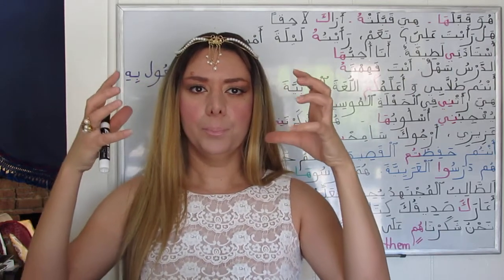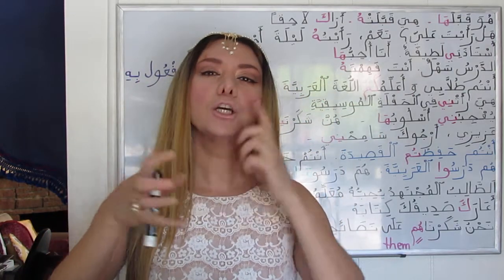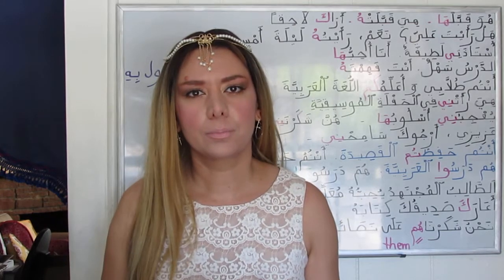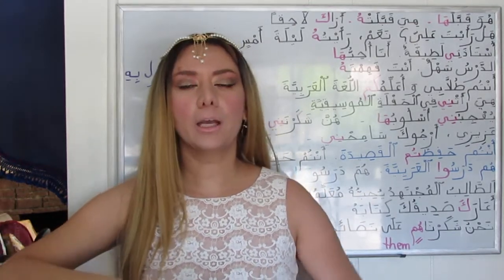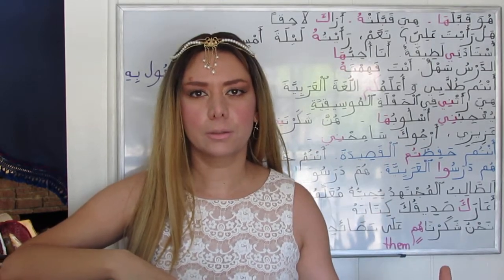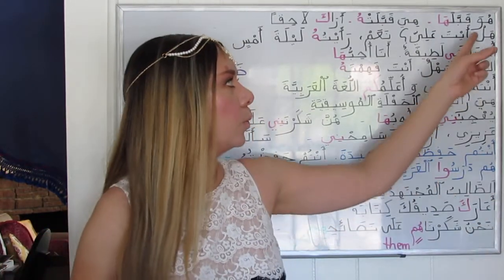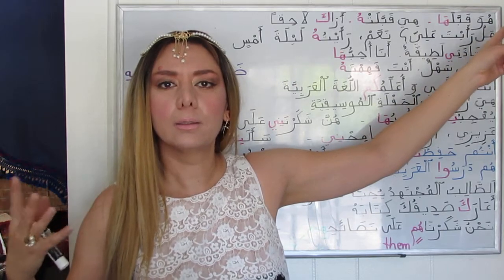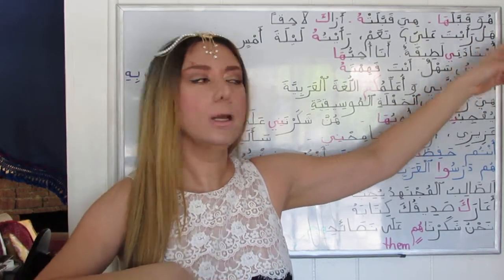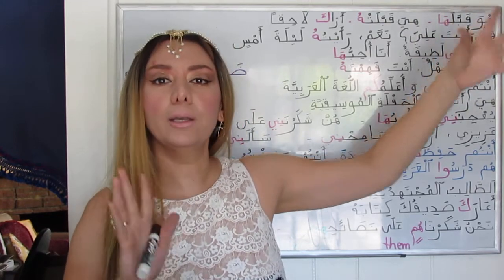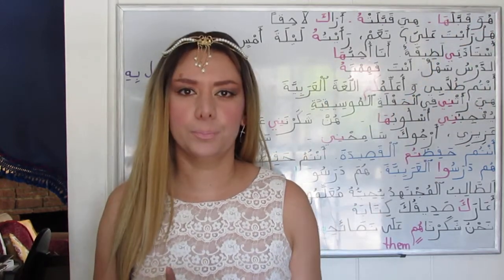So, قبل is managing two actions: the action of the subject and the action of the object. So, هو, he, is doing the action, and ha, her, is receiving the action.